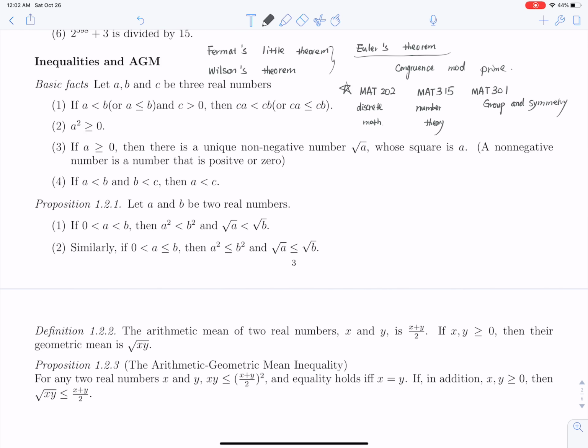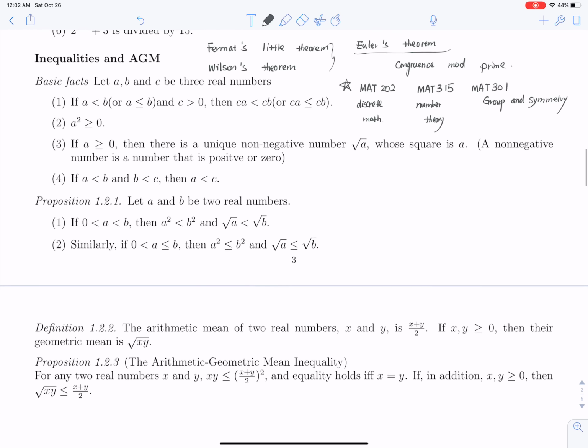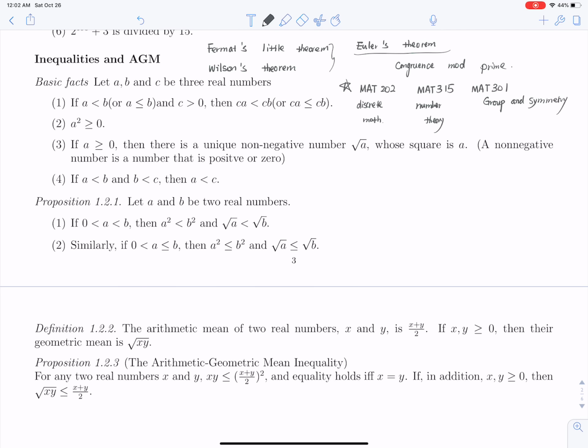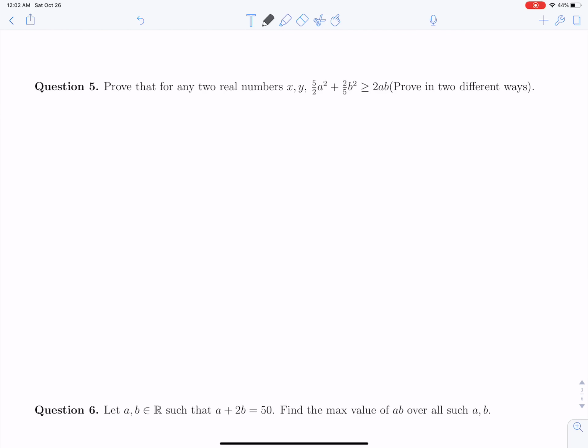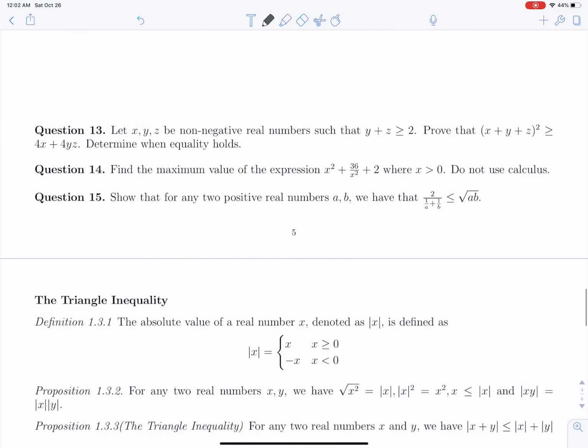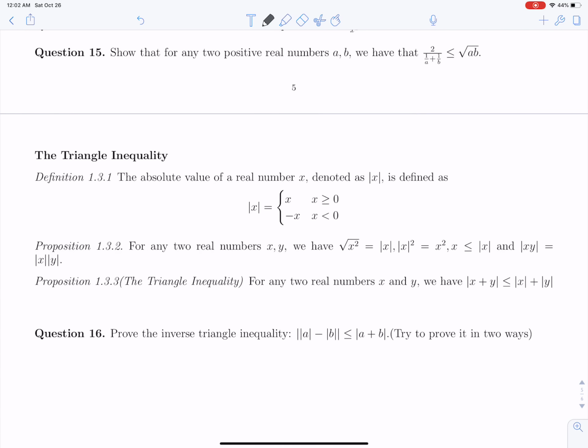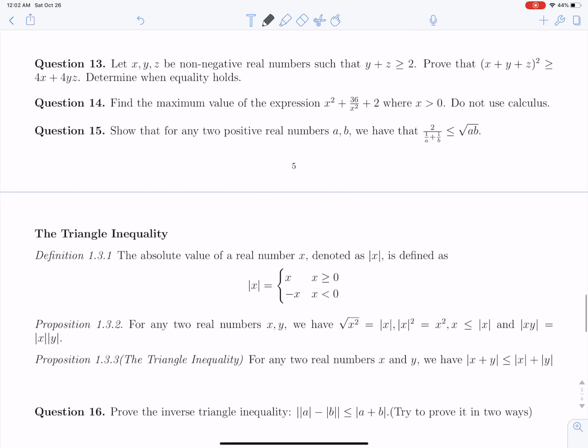If you are taking 157, 137 analysis, you're using inequalities all the time. Those are really important. AGM probably not that much, but the triangle inequality is really important in analysis, and we'll see some examples later.